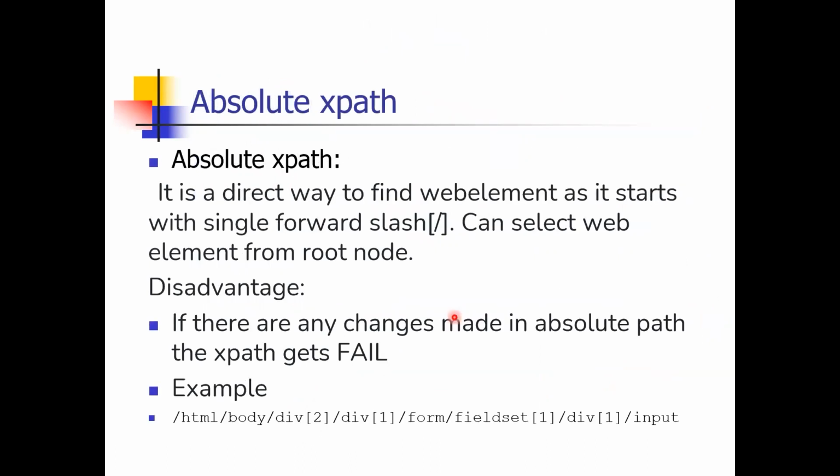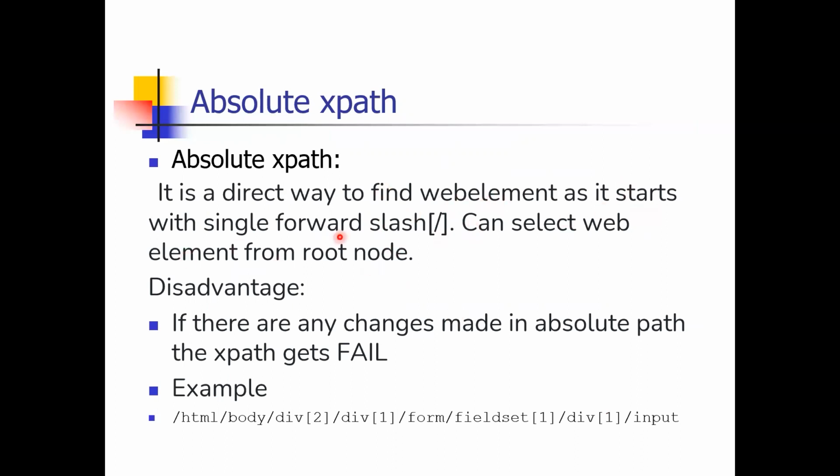In XPath there are two types: absolute XPath and relative XPath. Absolute XPath is a direct way to find a web element.